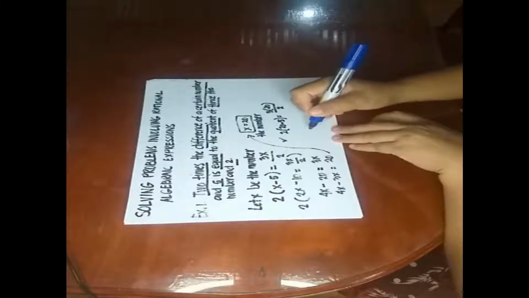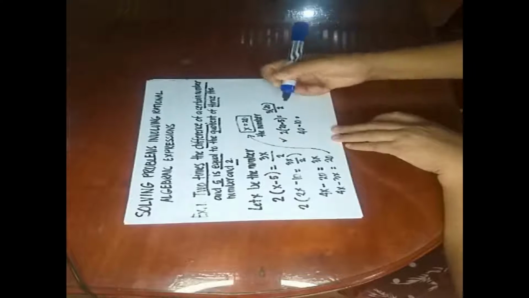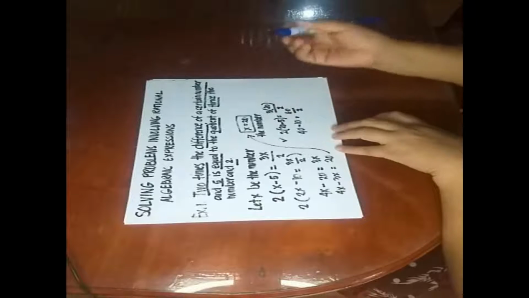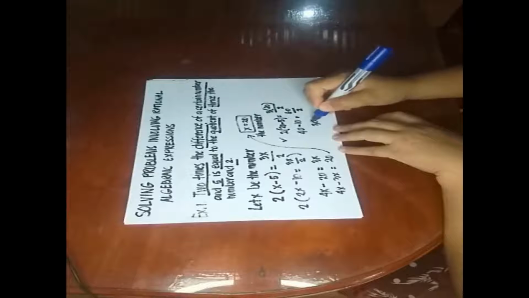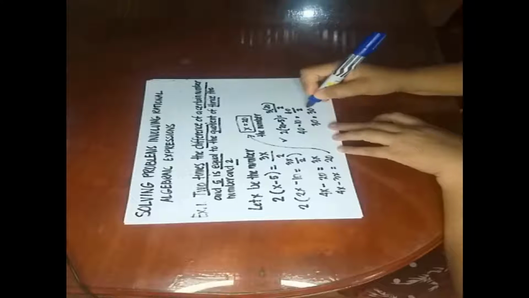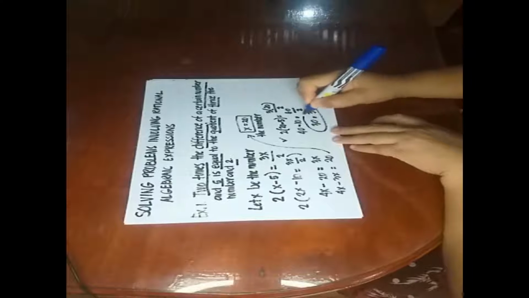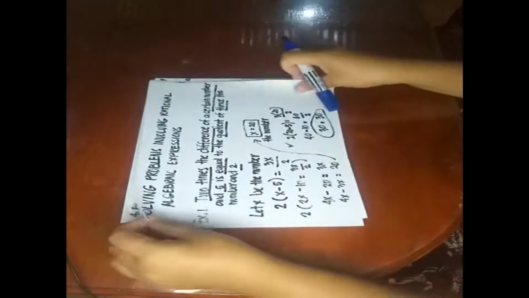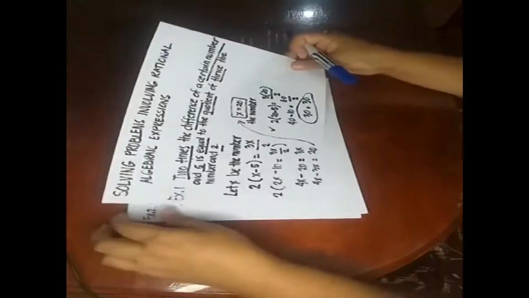Then, 40 minus 10 equals 30; 60 divided by 2 is 30. So, the answer is correct. 30 equals 30.